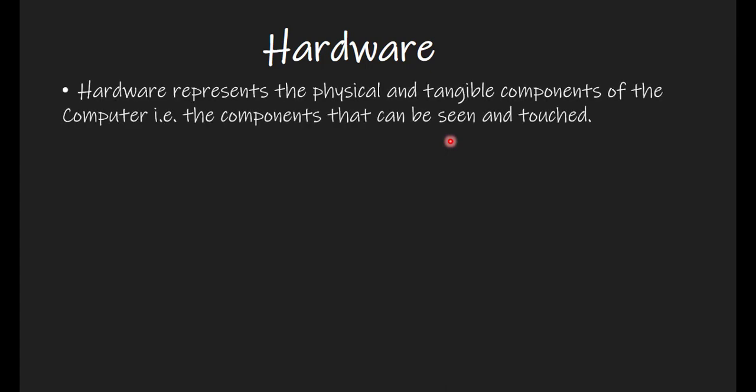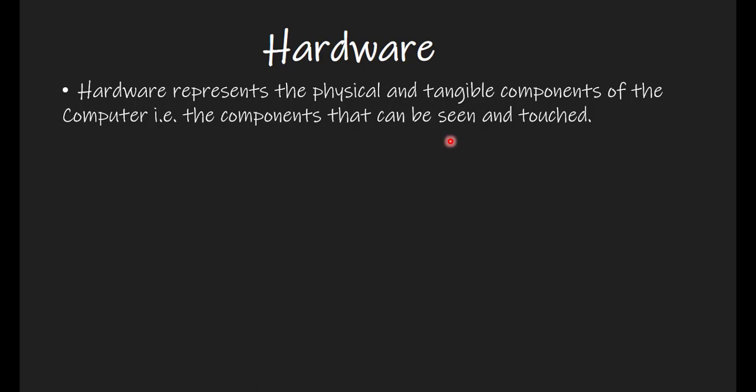Now we will see what hardware is. Hardware represents the physical and tangible components of the computer. What do we mean by tangible components? The components that can be seen and touched are the physical and tangible components of the computer.